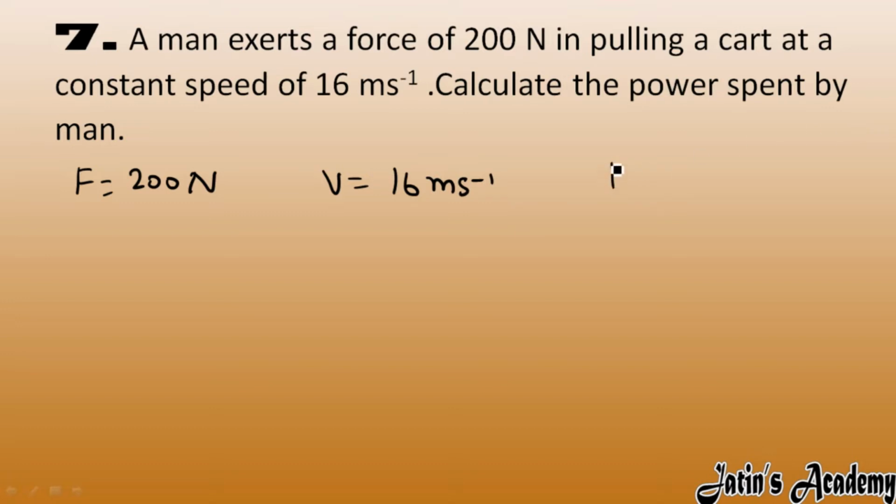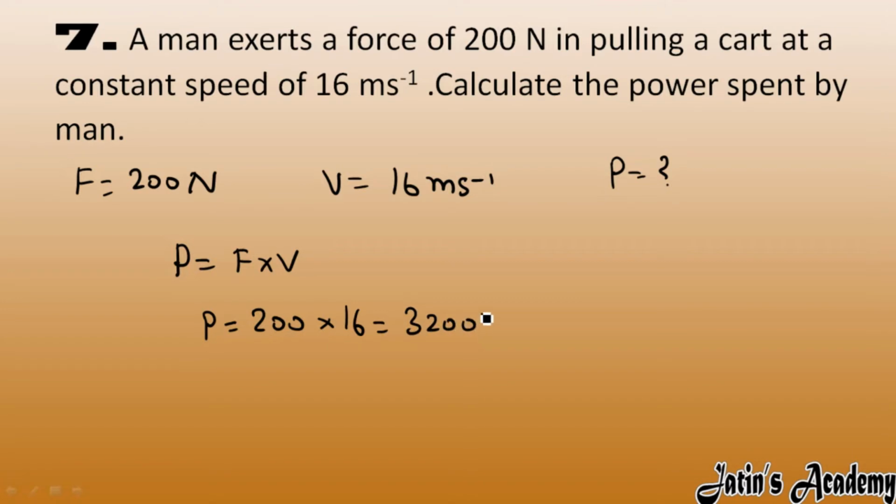Direct formula we will use. Power formula we have force into velocity. This we have already derived in the theory part also. So force we have 200 and velocity we have 16 meter per second. So here we got 3200 watt. So power in this case we have 3200 watt. Formula directly we have used, force into velocity.